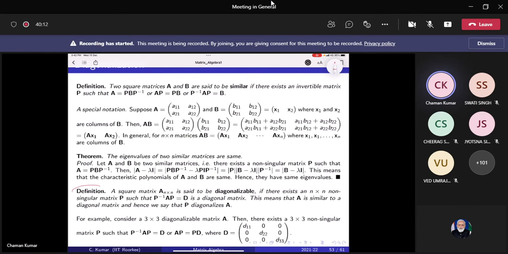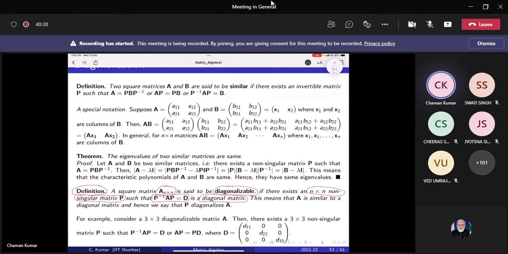So that is the next definition. This says that a square matrix is diagonalizable if there exists a non-singular matrix P such that P inverse AP is equal to D, where D is a diagonal matrix.